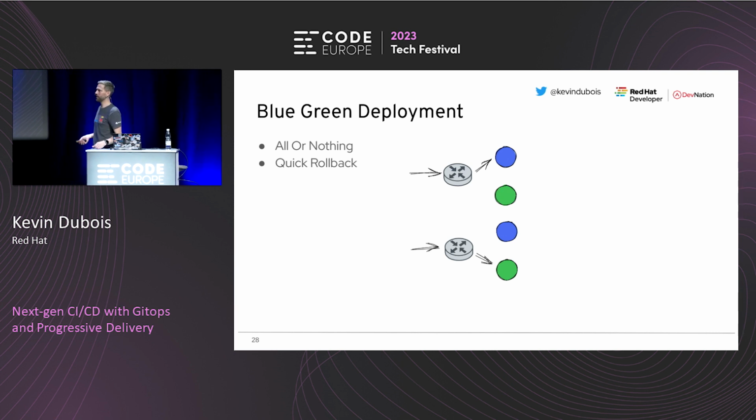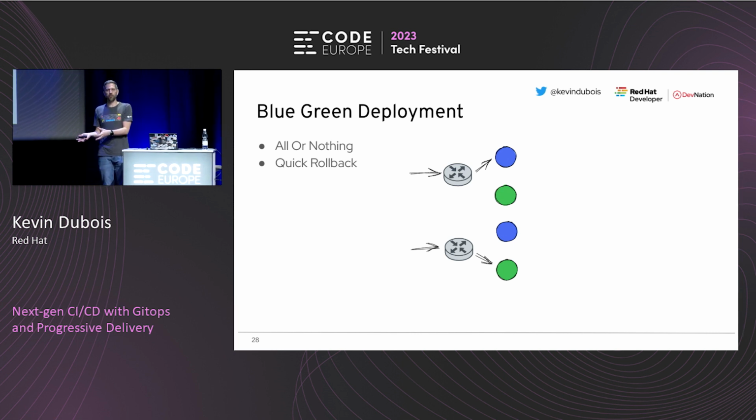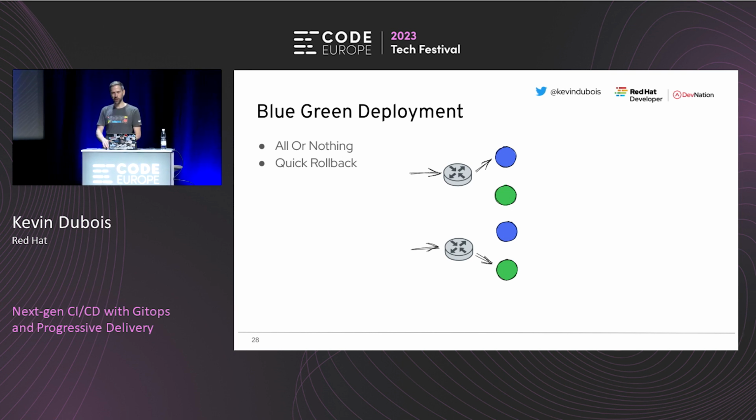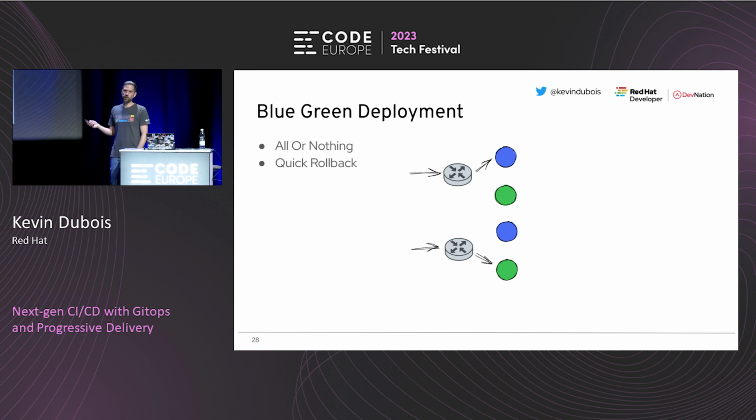You don't have the tragedy of, we've deployed our new version and we have no idea how to roll back, so now we're going to have to go on production and live try to debug and make changes. So blue-green definitely helps with that, but it's an all or nothing situation, which sometimes you may need to do, right?